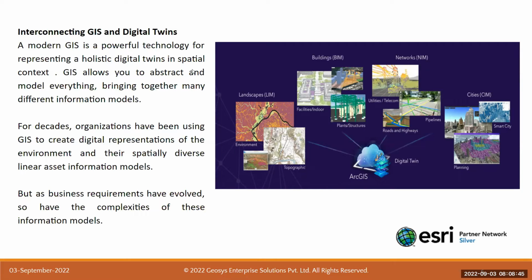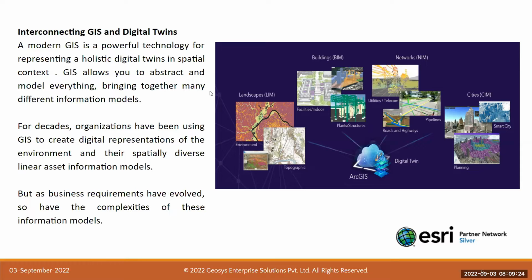So, interconnecting GIS and digital twins. We have to understand where it is used, how it is being used. If you see, in order to map your landscapes, in order to find the highs and lows on the surface of the earth, in order to find the impacts on the environment, in order to understand your landscape, in order to see your structures, building information modeling, how it was created, and inside of the building, if you want to understand, you map the indoors and you see how it is actually planned, and do you have proper storage spaces, is it planned properly.